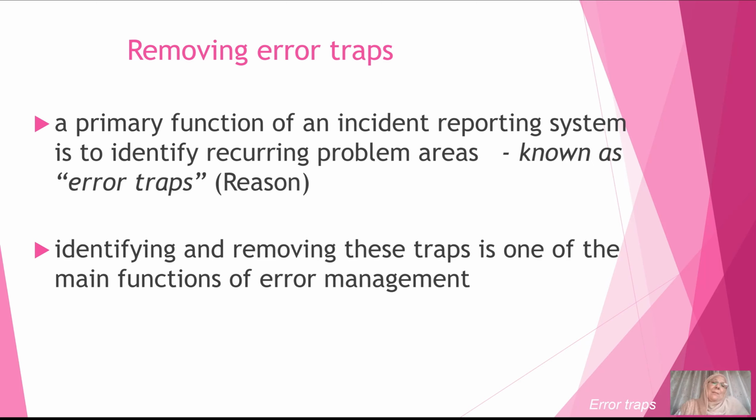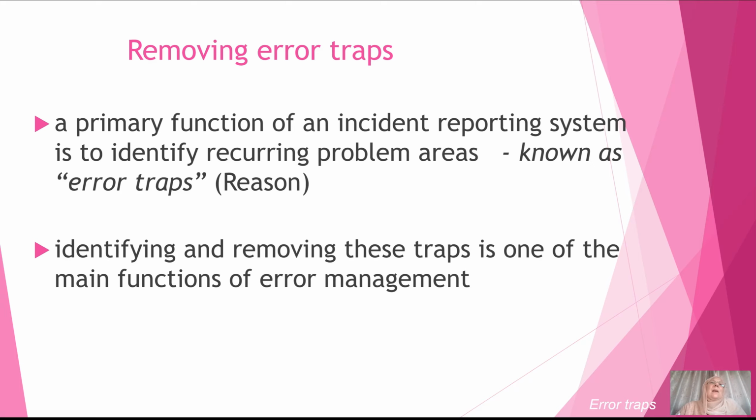By collecting such information on incidents, then you can identify certain error traps within the organization. So you can identify maybe times, maybe shifts, maybe tasks or procedures that are especially prone to have errors happening, or where incidents happen.